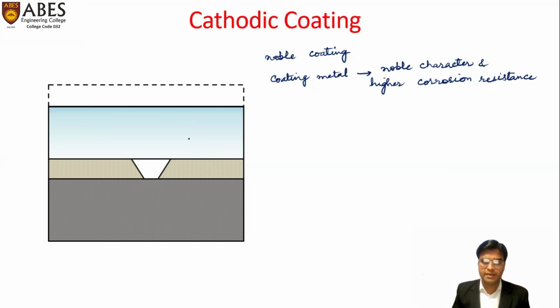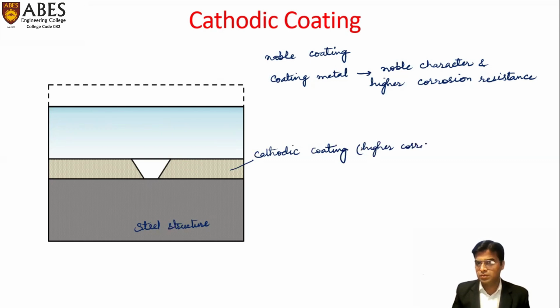So let us understand it with the help of this diagram. Suppose this is the underlying steel structure and it is covered with the coating, and this coating is cathodic coating this time. So this is the cathodic coating, which has higher corrosion resistance.